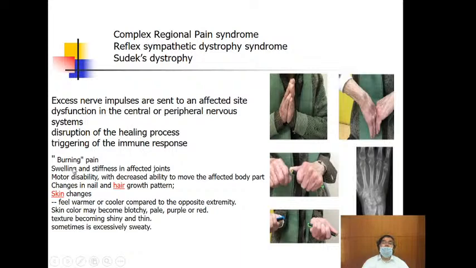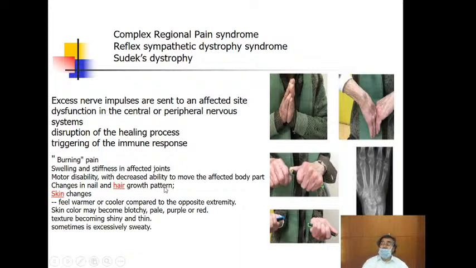The main problem here is burning pain, severe pain in the whole of the limb for the patient, and swelling and stiffness of the affected joints, and there will be some motor disability. Because of the motor disability, the patient will not move the joint or the affected body part, and along with that there are some sympathetic changes, as we have already seen.